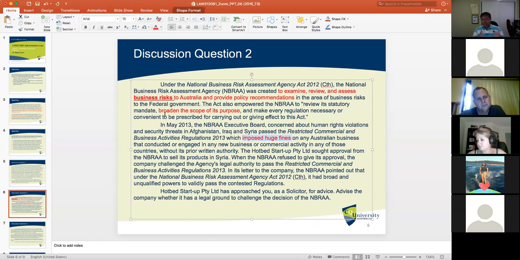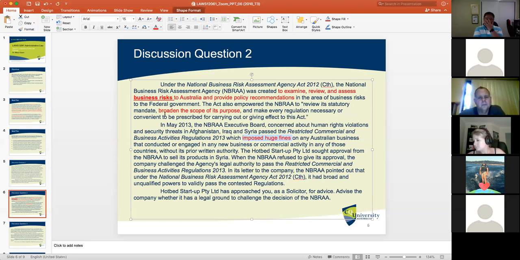Does somebody notice anything in relation to the imposition of huge fines versus the powers given to the NBRAA concerning the imposition of fines? They don't have the authority to do that, do they? They don't have the authority. They do have the authority, or they don't? I thought they did. They don't have the authority for that. So that would again be ultra vires.